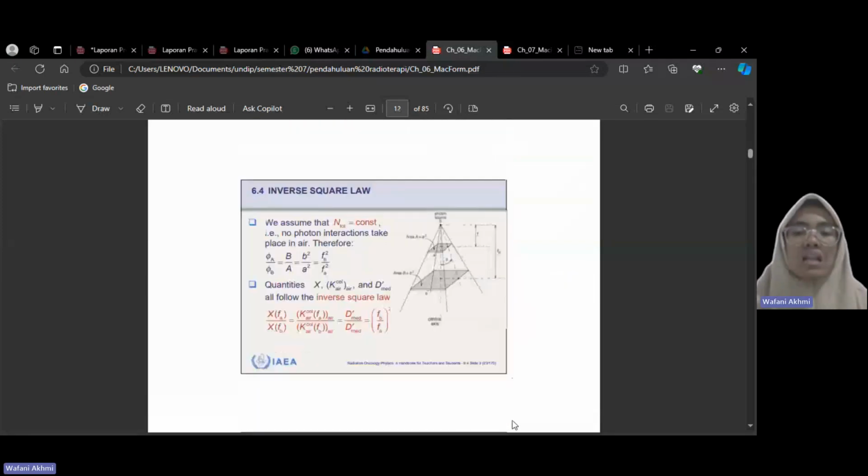Photon beams propagating through air or vacuum are governed by the inverse square law.